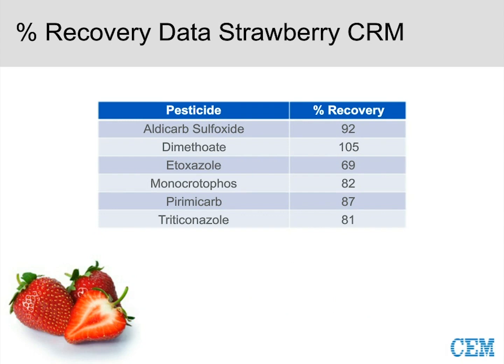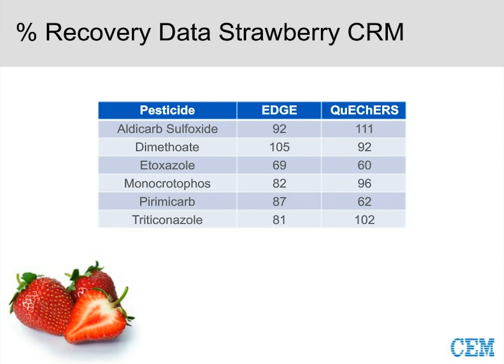So maybe as you're looking at this, you're probably like, I don't know, that etoxazole looks a little bit low at 69%. But if we compare that then to QuEChERS, we actually see that we got a better recovery on the Edge for the etoxazole than we actually did on the QuEChERS.